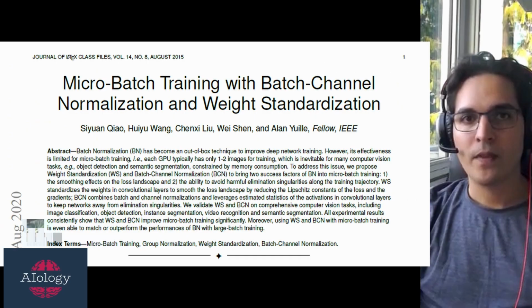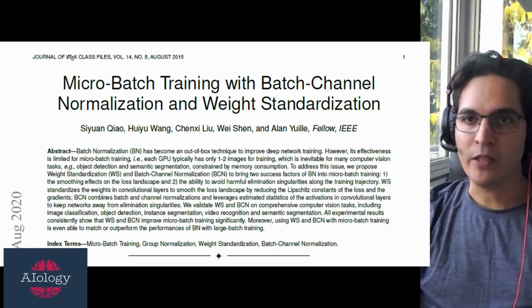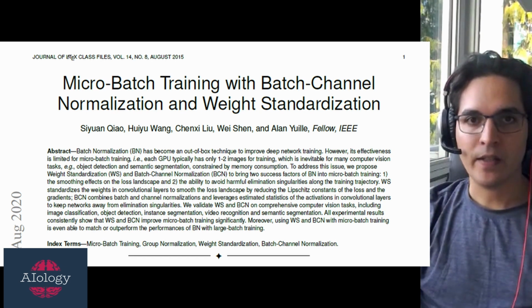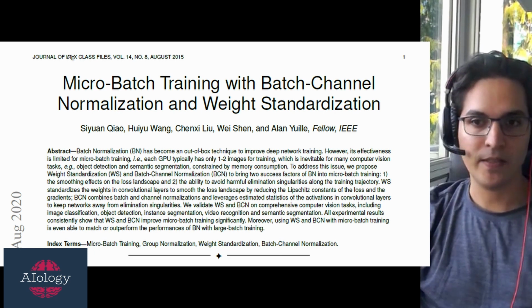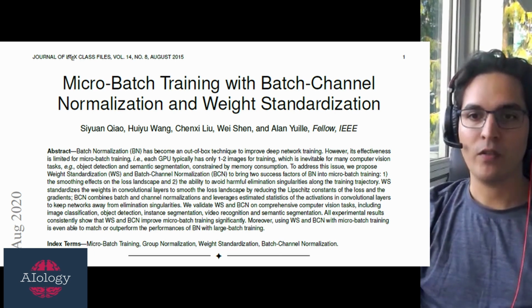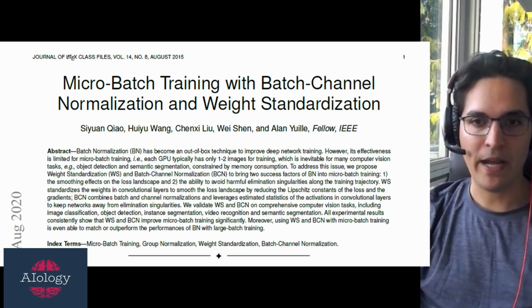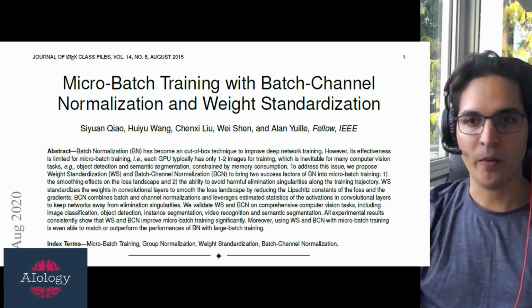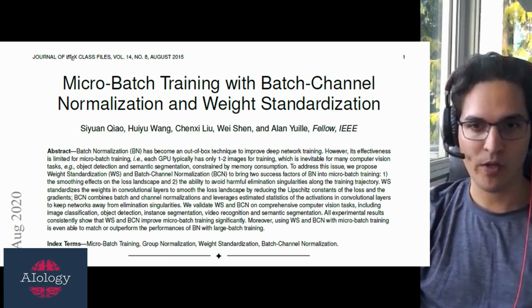The paper called Micro-Batch Training with Batch-Channel Normalization and Weight Standardization brings a technique where we can use batch-channel normalization and weight standardization instead of a large number of samples in one batch, and it sometimes even outperforms just using batch normalization.